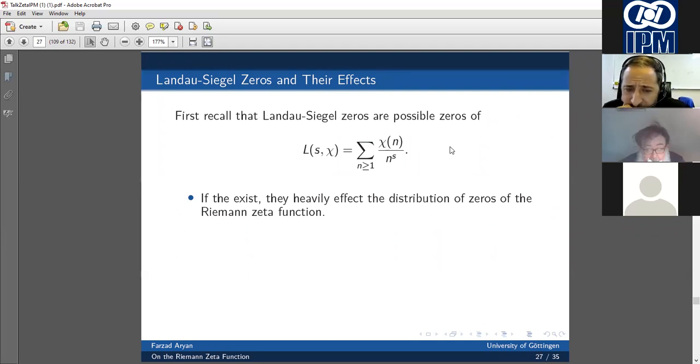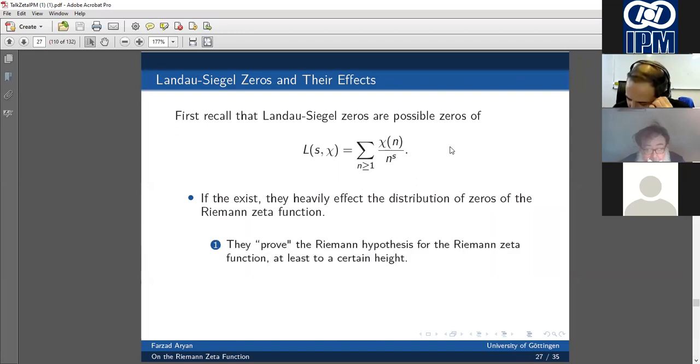But if they exist, they have crazy properties. One thing they do, for example: if a Landau-Siegel zero exists, you can prove the Riemann hypothesis up to a certain height. You can prove that if there's an exceptional zero for an L-function attached to a character mod Q, then the zeros of the Riemann zeta function up to a certain height all fall on the critical line.